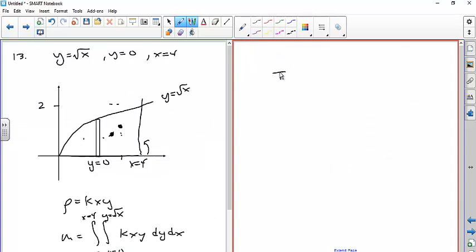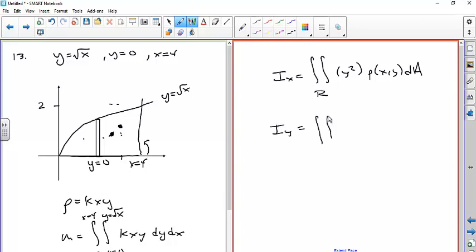So the moment of inertia around the x-axis, or whatever axis you're doing, is going to be equal to y squared times the density as a function of x and y times dA, and the moment of inertia around the y-axis, which is the center of rotation.